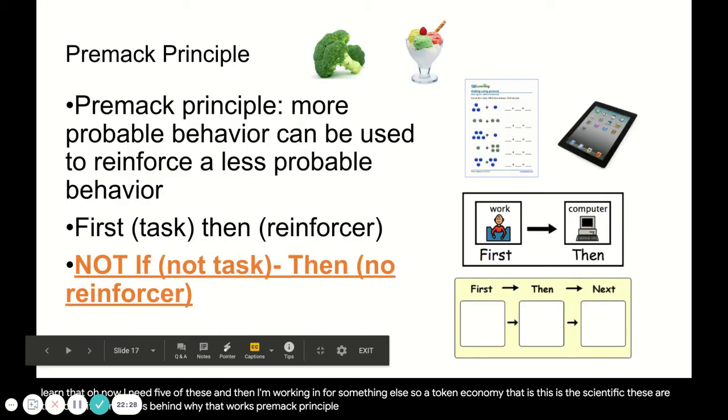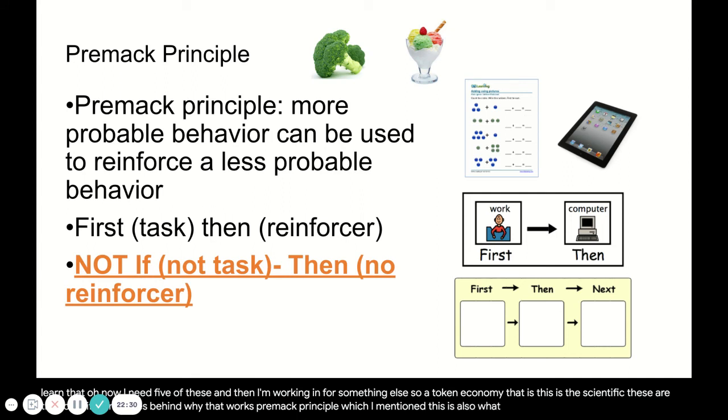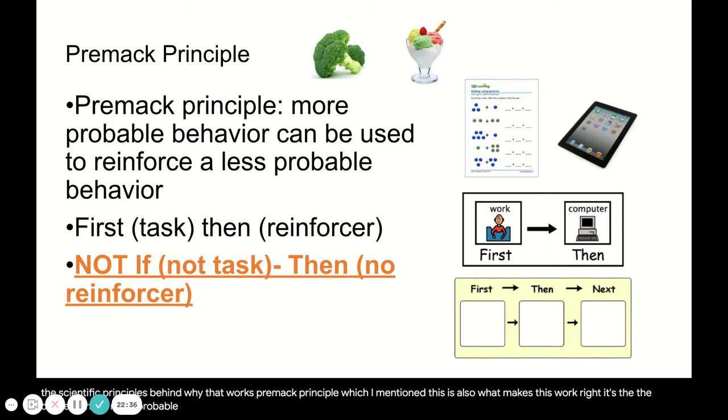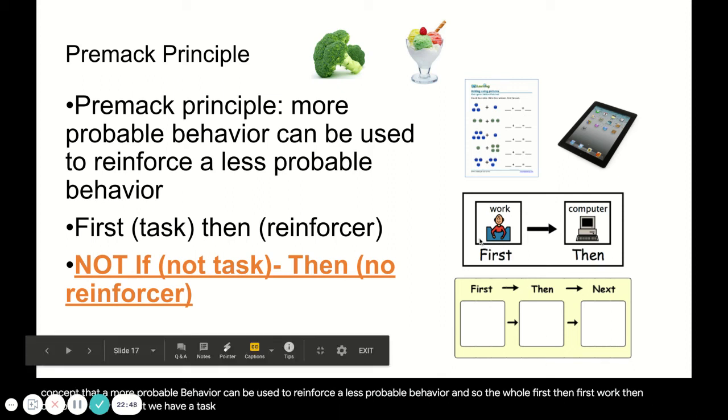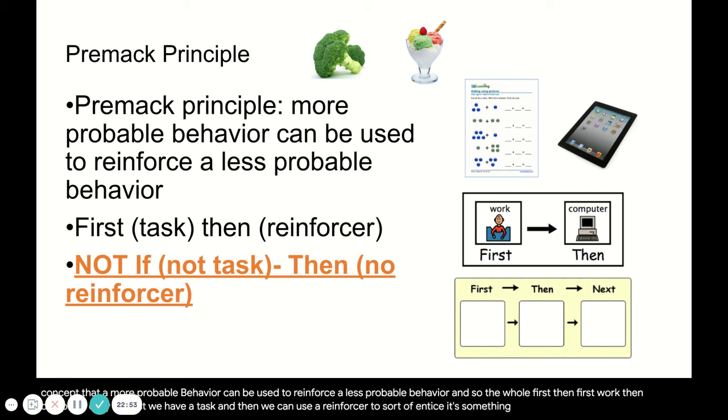The Premack principle, which I mentioned, is also what makes this work. It's the concept that a more probable behavior can be used to reinforce a less probable behavior. So the whole first work, then computer: first we have a task, and then we can use a reinforcer, something that we know that they like, to entice.